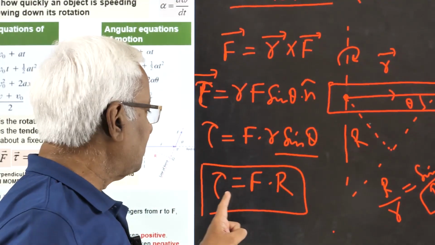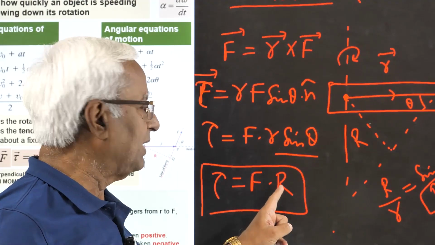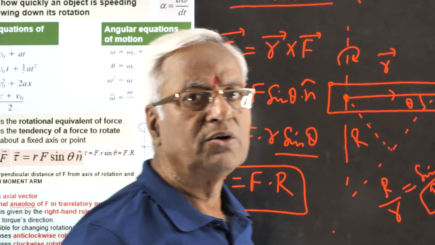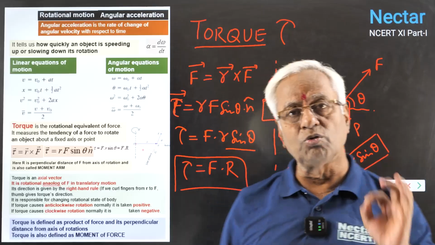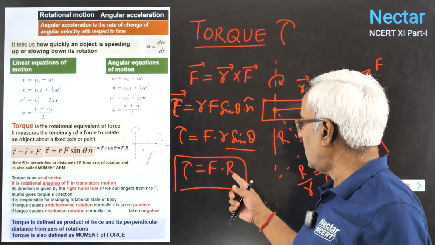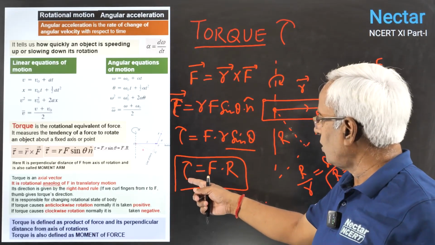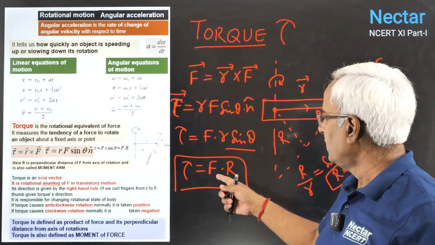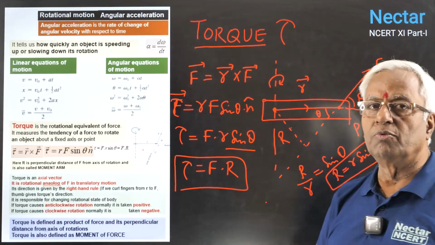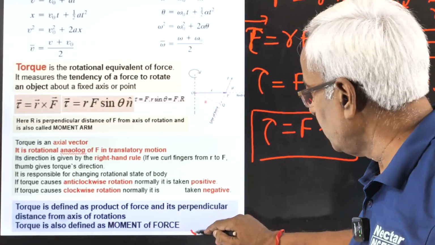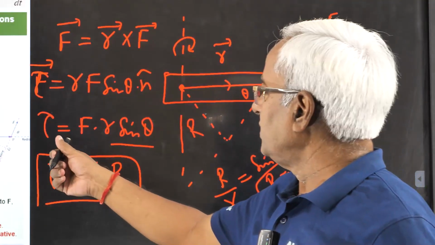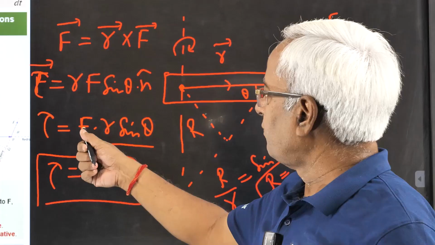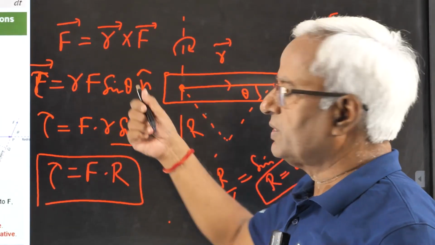You could say it is the product of force and perpendicular distance from the axis of rotation. Since it is also called the moment arm, we can say that torque is the moment of force. This term, moment of force, is used very often. Theoretically it is defined as the product of force and perpendicular distance.